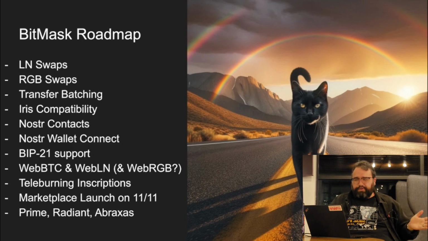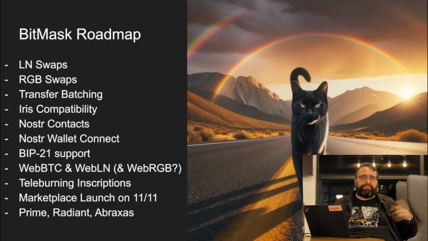So where are we going with Bitmask? We're working on swaps tech right now that we're really excited about. Swaps allows us to do stuff like Strike does, in a KYC-free peer-to-peer manner. We could do that with the Tether issuance that RGB is getting.